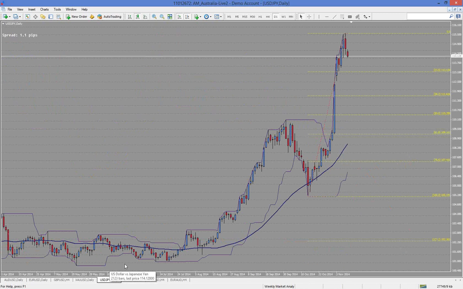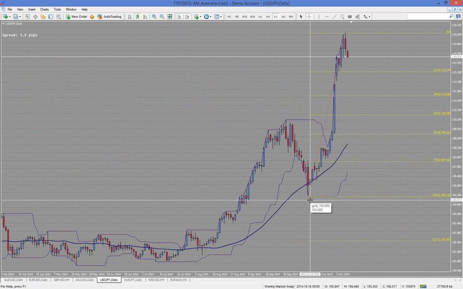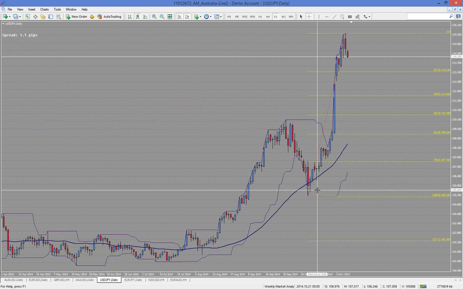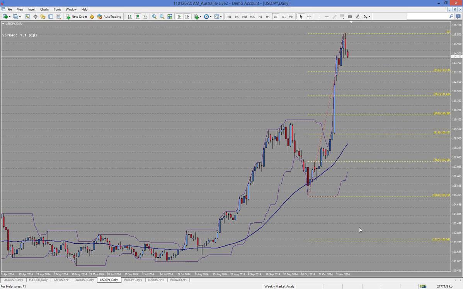Okay, the US yen. This has been an interesting combination. We've had almost 1,000 pip movement in just over 2 weeks, just shy of about 3 weeks, and it's come on a combination of two things.